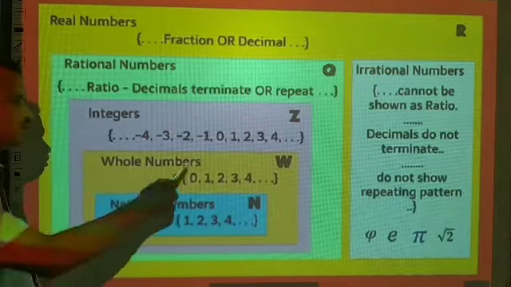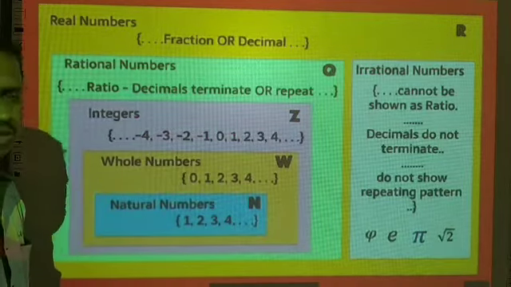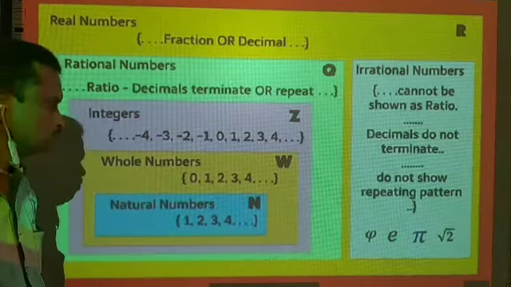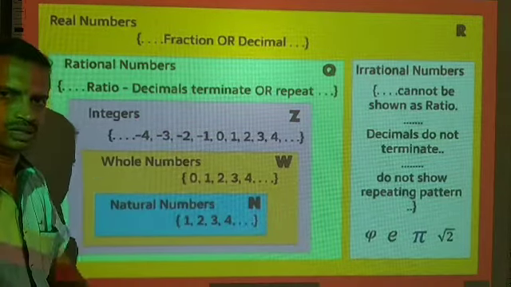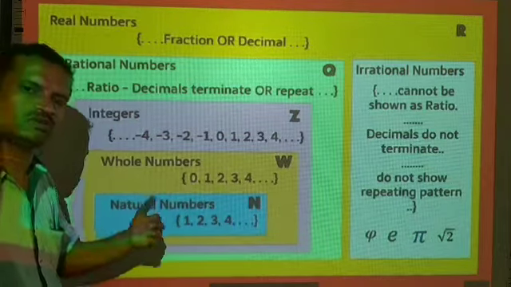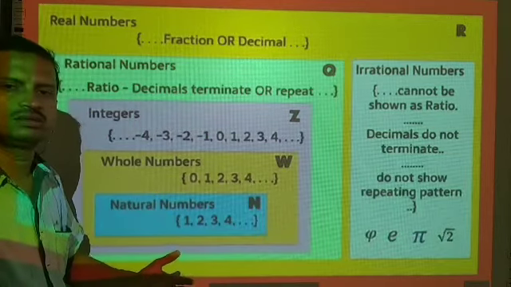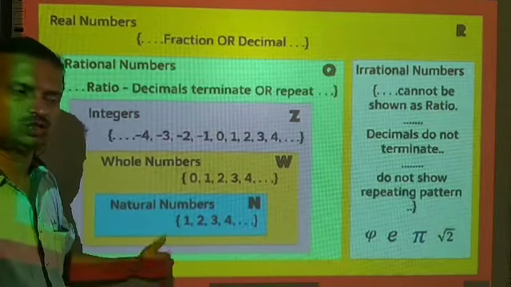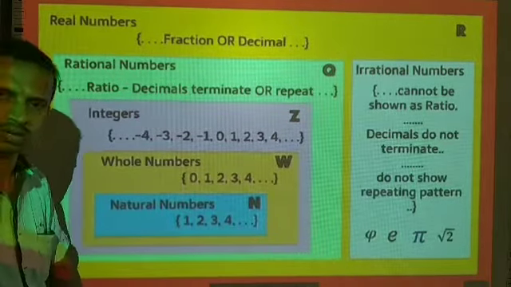And whole numbers, capital W, denote the whole numbers. Natural numbers are from 1, 2, 3, etc. But whole numbers are from 0 up. Therefore, we can say natural numbers with 0 are whole numbers.